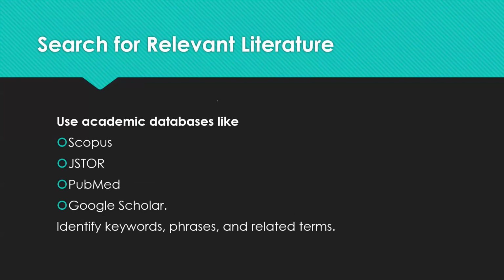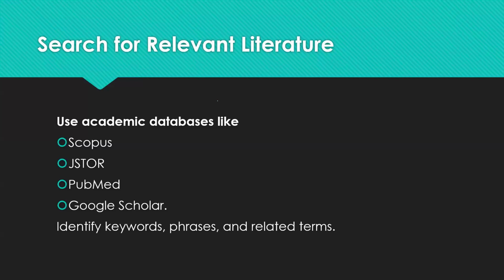For example, for discipline-specific databases, you can use databases like PubMed. They specialize in medical, biomedical, and life sciences research. The next one is IEEE Xplore. They focus on engineering, electronics, and computer sciences.